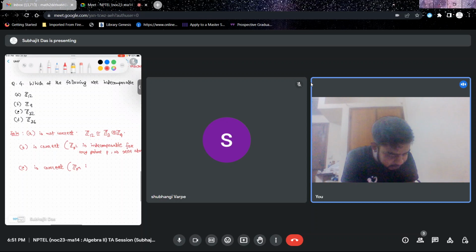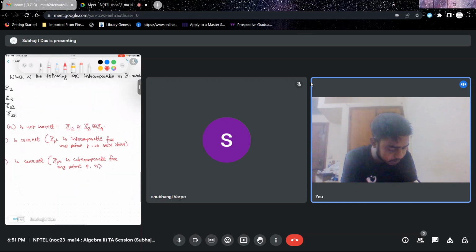Zp to the power n is indecomposable for any prime p, n greater than 1, using the same argument as the n equal to 2 case.